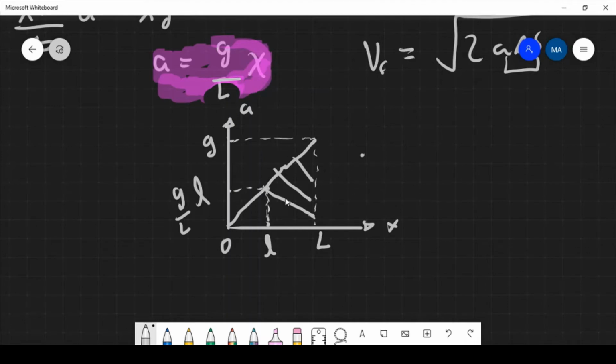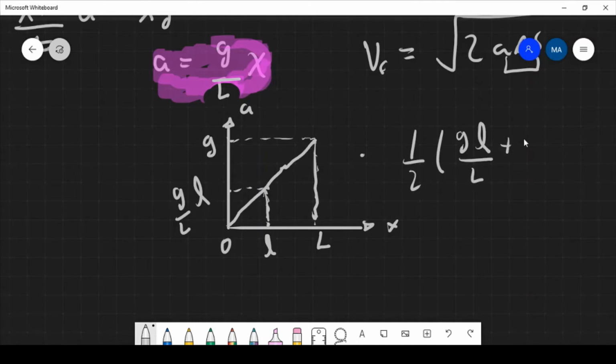You can divide it into triangles and rectangles and find this area, or use the formula for a trapezoid: the sum of the two bases, which are gl divided by big L, and the second base is g, multiplied by the height. So just find this area and you will get this result.